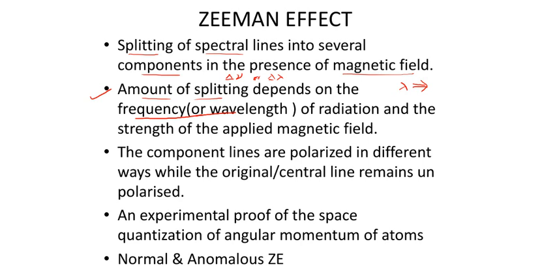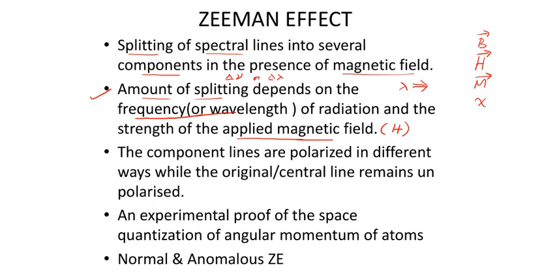So it depends on the wavelength of the light that you are subjecting to the magnetic field, and also on the strength of the applied magnetic field. The applied magnetic field is denoted by the letter H. You know that there are several notations used in magnetism. You use magnetic field intensity B, the magnetizing field H, magnetization M, then the dipole moment, etc. There is a chi, which is nothing but the magnetic susceptibility.